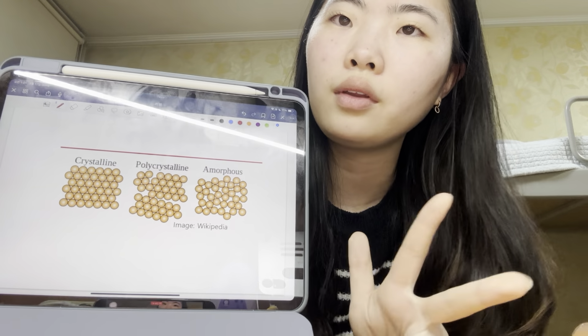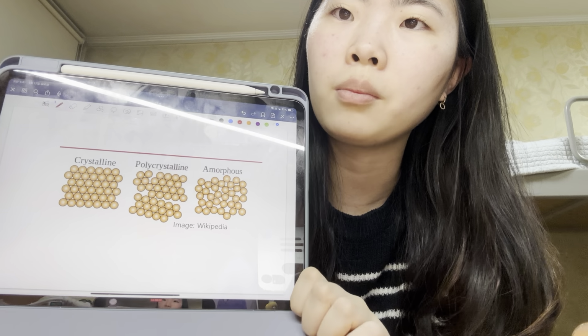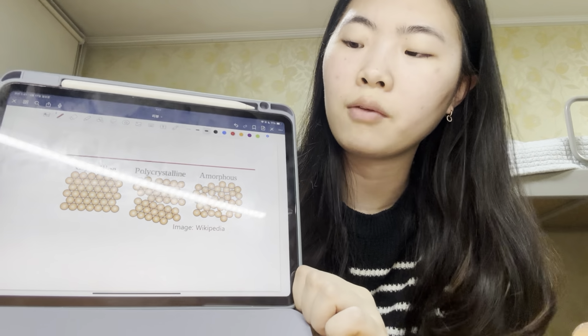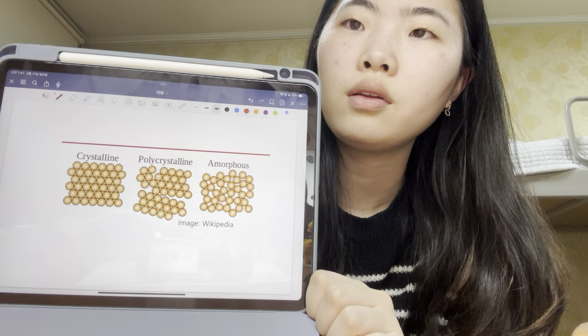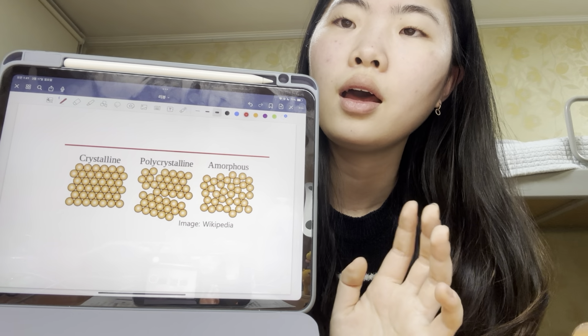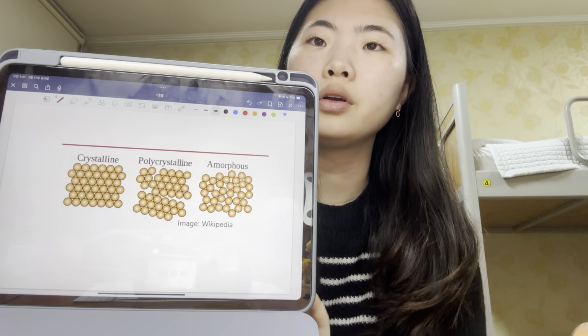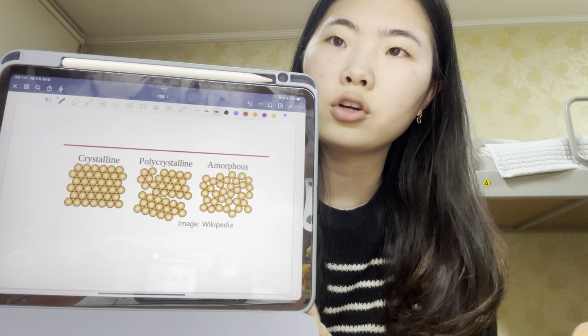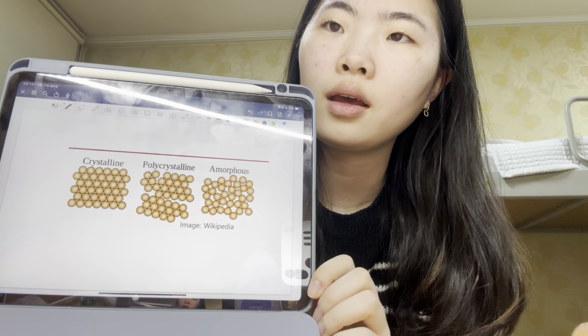There are 3 states in here: crystalline, polycrystalline and amorphous. These are those 3 types of material structure.